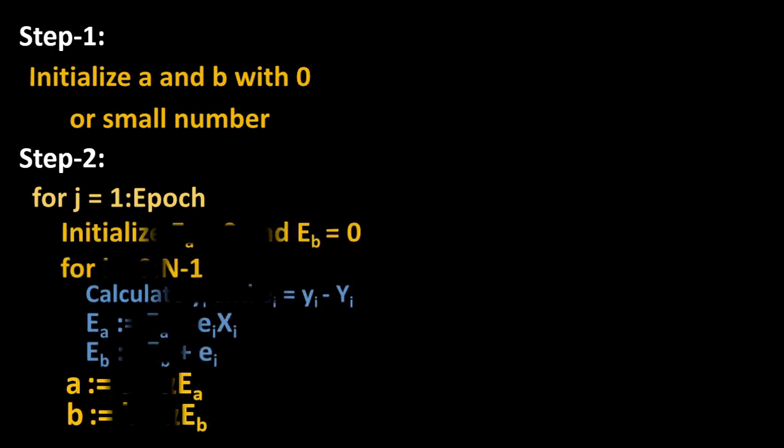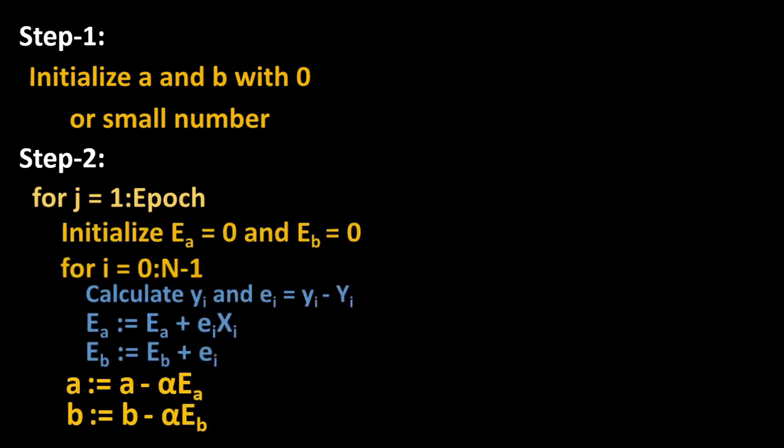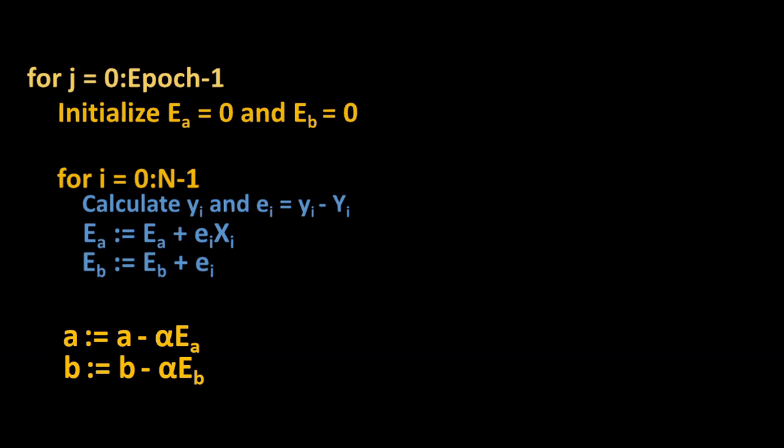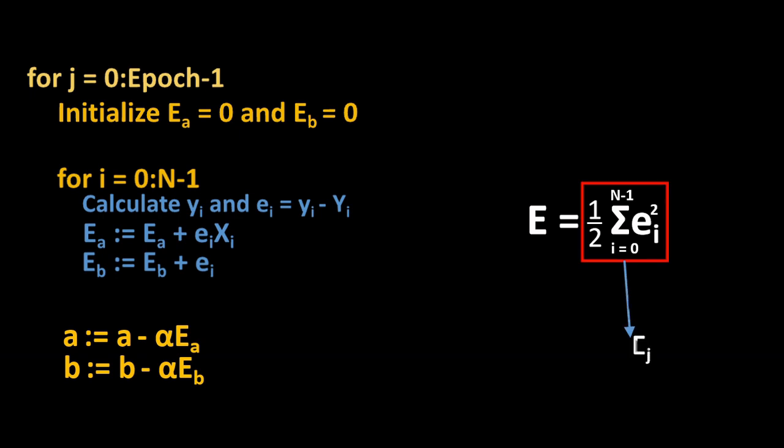Now, in order to find where to stop this code, we need to incorporate the cost function into this code. Let us call this half summation ei square as EJ. So first let us define capital E as an empty list and initialize the value of EJ as 0.